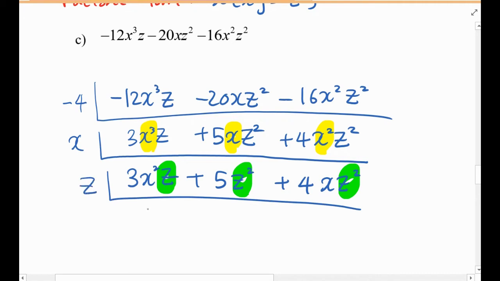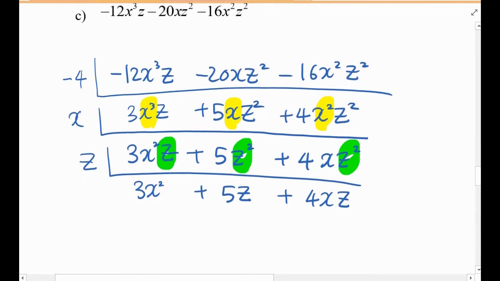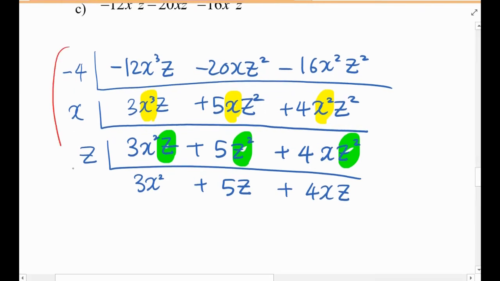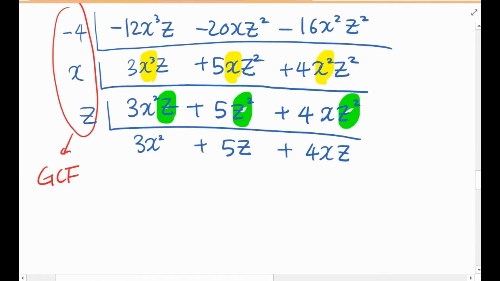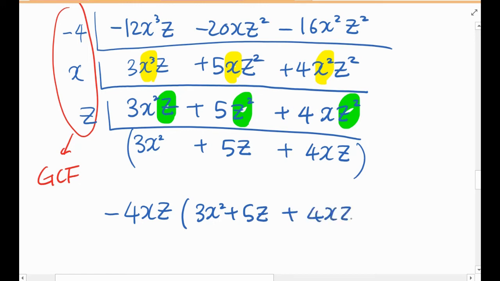We're going to factor out 1z. Alright, all done. This is GCF. And the factored form is, again, don't forget to put bracket around it, everyone. -4 times x times z times, we omit multiplication sign. This is the factored form.